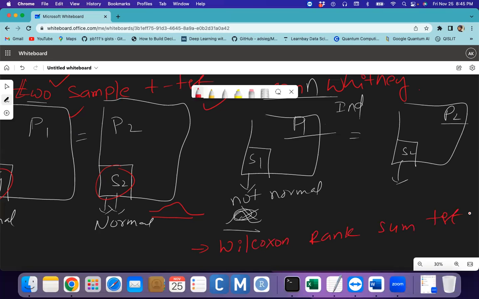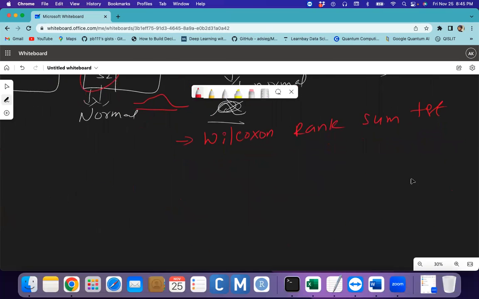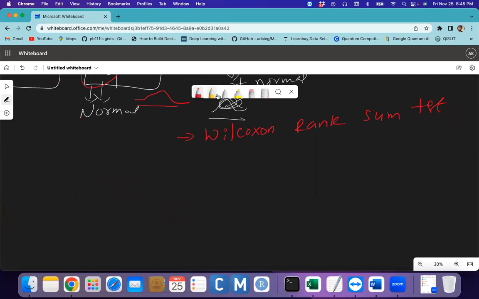So what exactly is this? When we have two samples, we have a statement of the null hypothesis and a statement of the alternate hypothesis. For example, the null hypothesis is that the two populations are equal, or the two population means are equal, whatever it is.